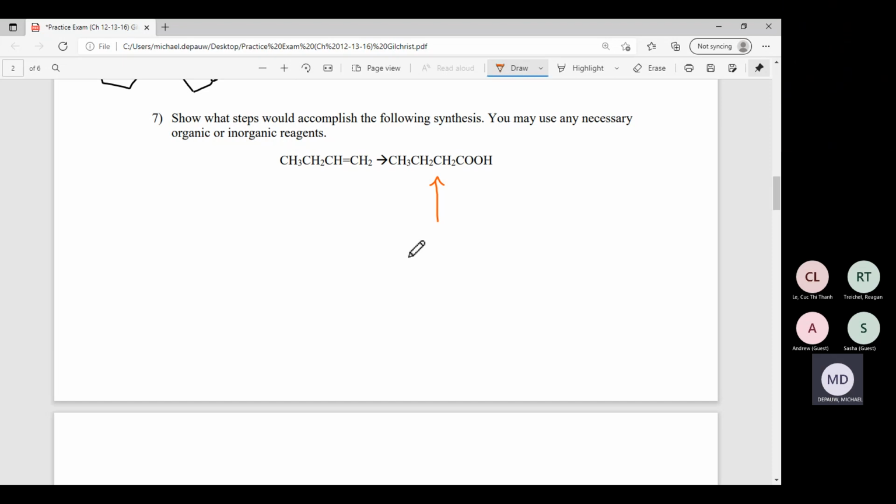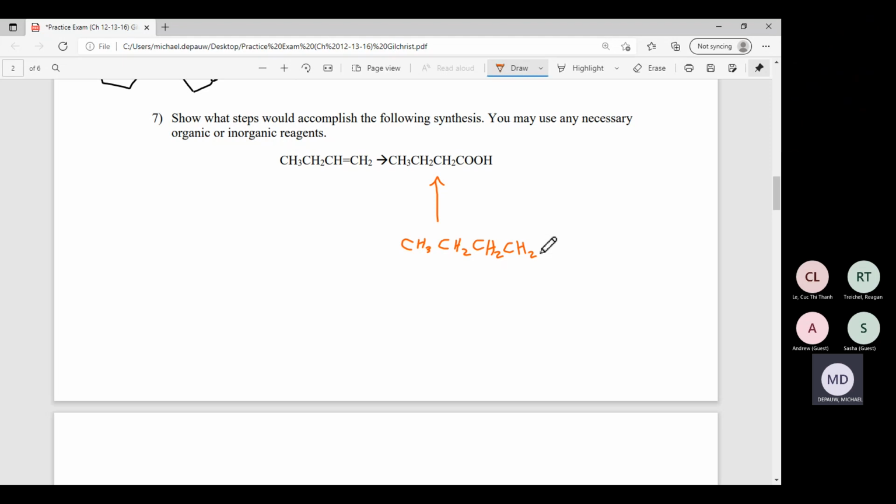Well, one of the things you learned in the alcohol chapter is the role of strong oxidizing agents, right? So you could get a carboxylic acid from CH3, CH2, CH2, CH2, and an alcohol.